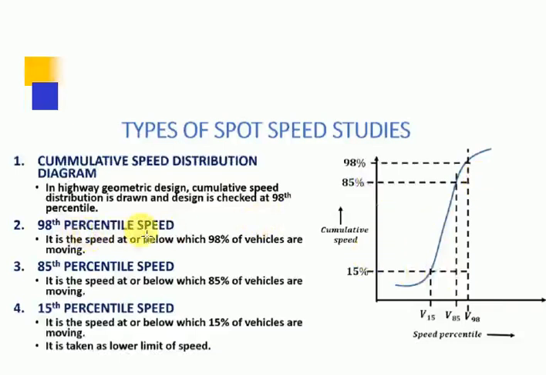The 98th percentile speed is generally taken as the design speed of the existing roadway, for checking the requirements of highway geometric design. So this is the design speed, this is the safe speed, and this is the speed considered for pedestrian movement or the typical walking speed for traffic signal timing. So the calculation of these three different speeds is vital.